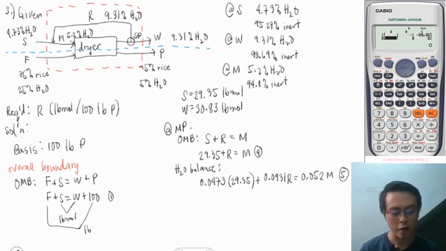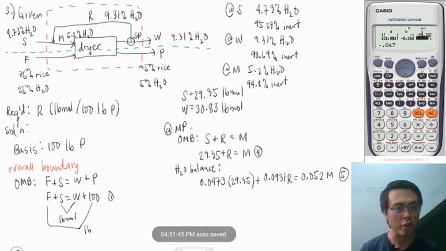For equation 5, the first coefficient is 0.0931. The coefficient of Y is negative 0.052. And then the constant is negative 0.0473 times 29.35.